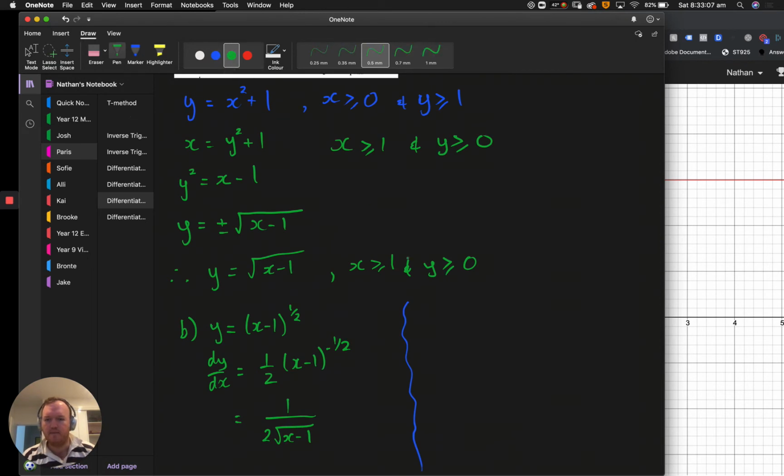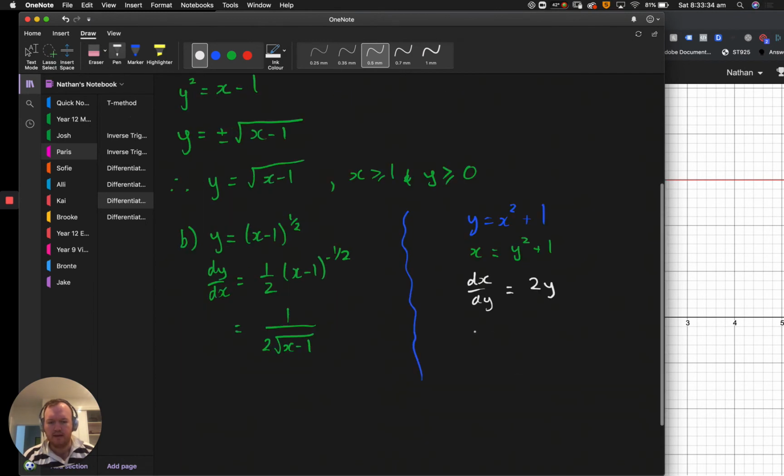If we start again with the original function y equals x squared plus 1, we start by x equals y squared plus 1. Now we start by doing dx dy here, which is 2y.